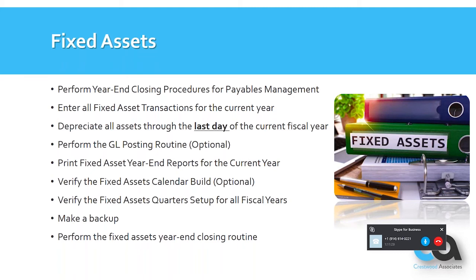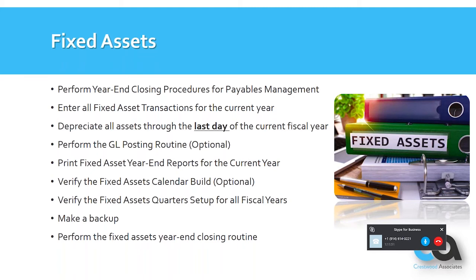So the important thing for fixed assets is just to make sure that you run the routine before you process any fixed asset transactions for 2019. So that's important. And then of course, as I mentioned, it's important that you close fixed assets before the general ledger.